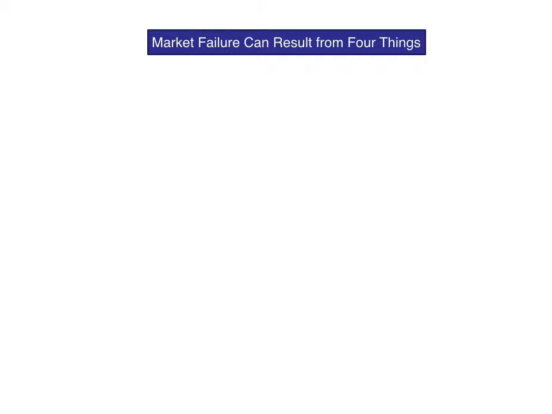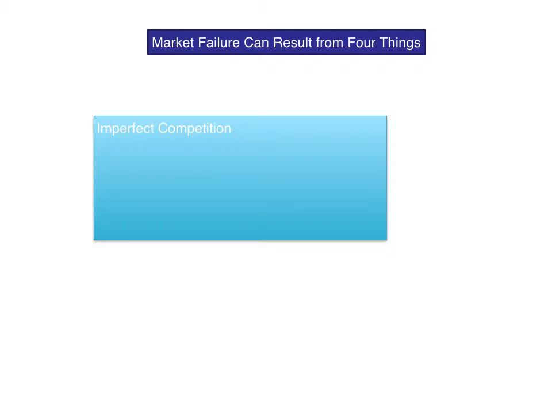Okay, so market failure can come about through generally four things. First of all, imperfect competition, so monopoly and all that. Secondly, imperfect information: consumers not really knowing the full effects of the product that they're buying.